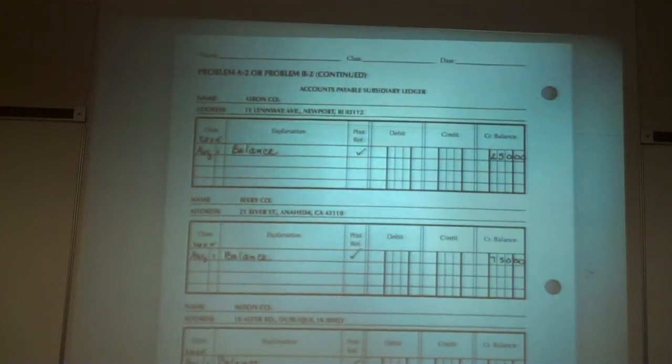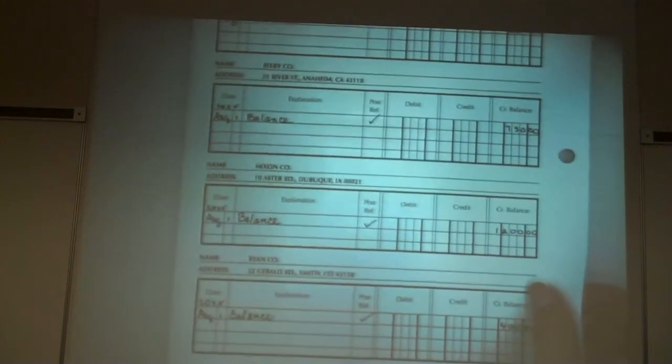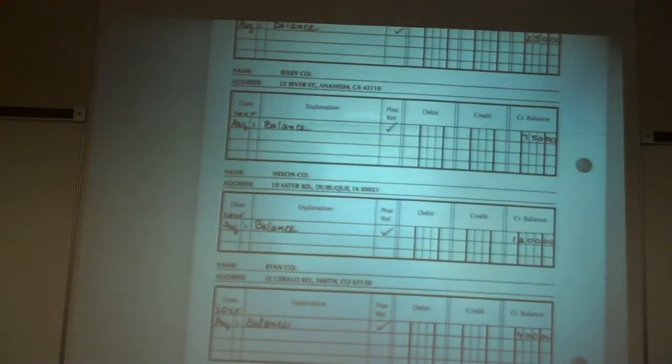Now, when we talked about purchases, I have the subsidiary ledger up here from the demo problem that we did the other day. We actually had 4 vendors that we were using. We're going to do this just like we did in Chapter 9 with accounts receivable. In accounts receivable, those were items that we sold to our customers. We have a controlling account with accounts receivable that's called accounts receivable, and then we have the subsidiary ledger that has a list of all of our customers.